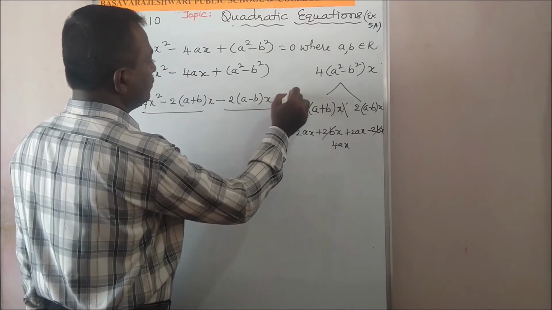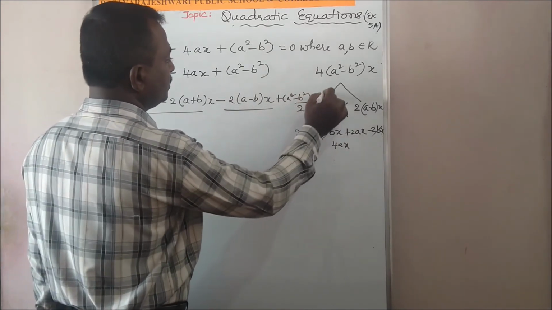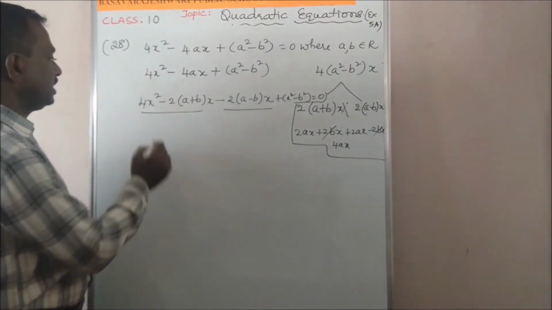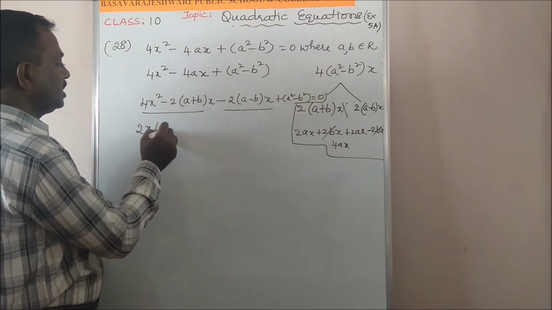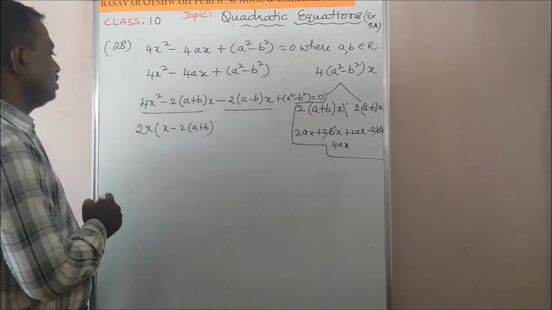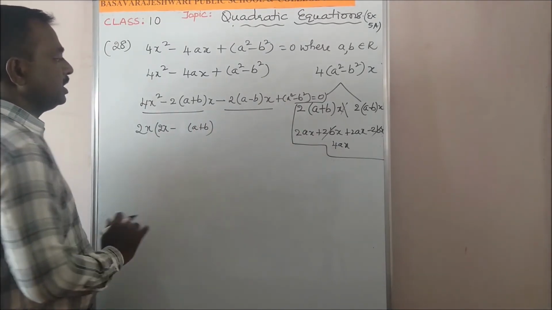Plus a square minus b square is equal to 0. So I will put a line for this. And now what is common here? 2 common, x common. What remains? X minus 2 into a plus b. 2 common, here also 2 remains. Here 2 goes, a plus b.